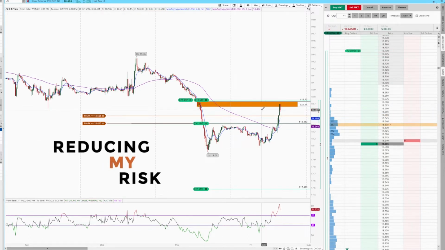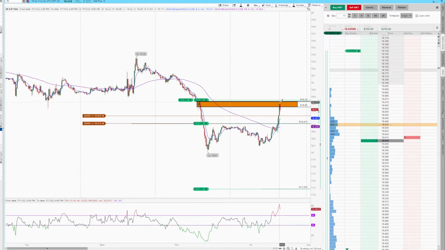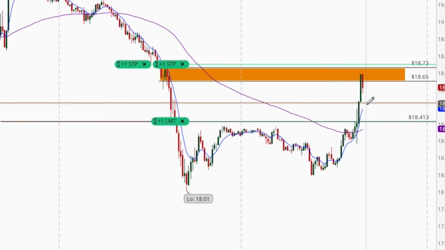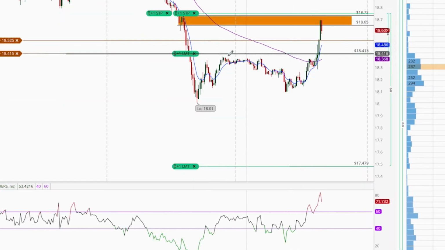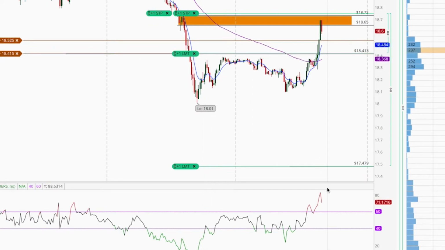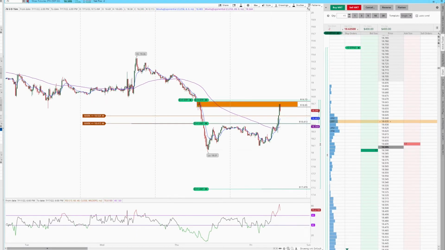The way that I am able to do that is by moving my stops once we are halfway to break even, if the technicals tell me I have to do that. And right now, the technicals are telling me that I have to because we came in so high on the RSI. So guys, with that, I'm going to let this play out and I'll come back after the trade plays out.